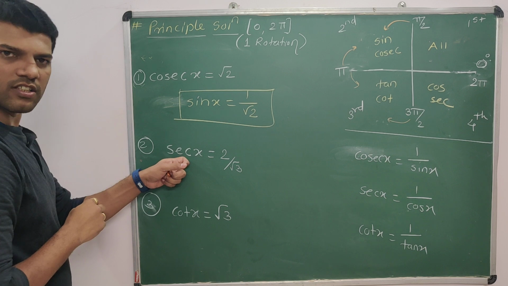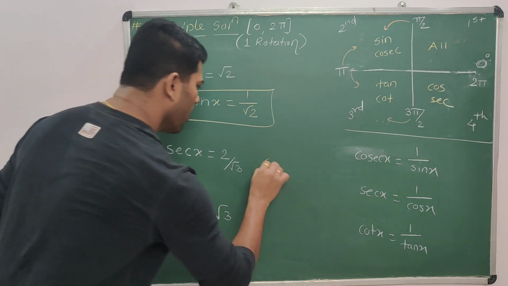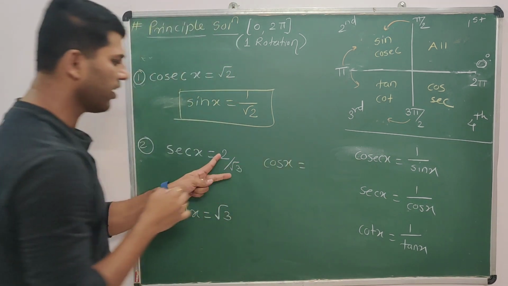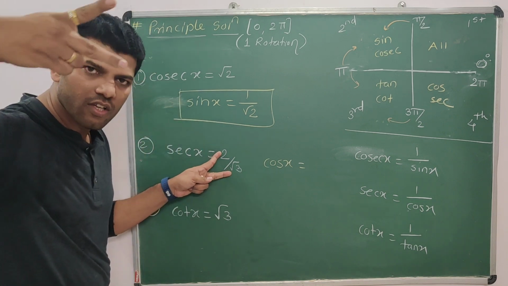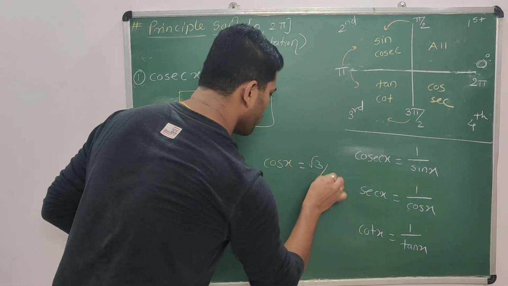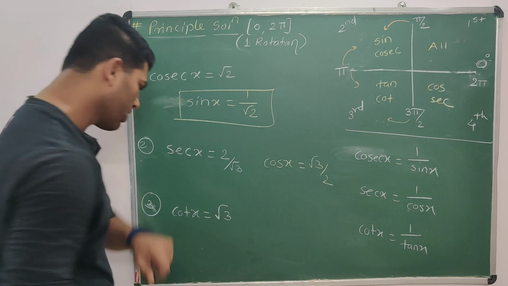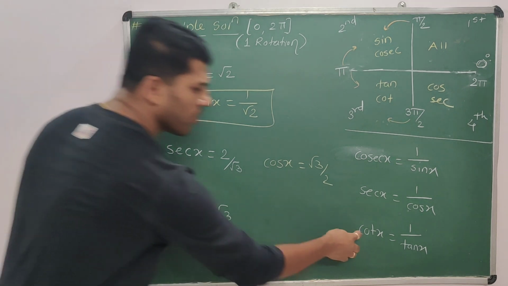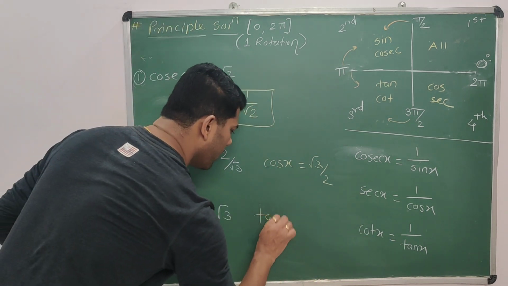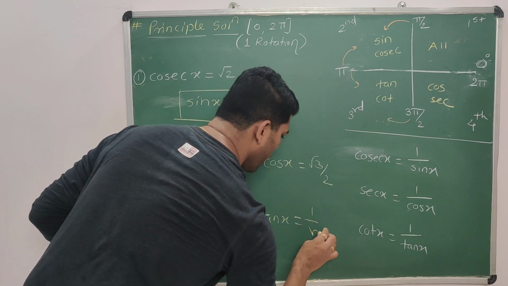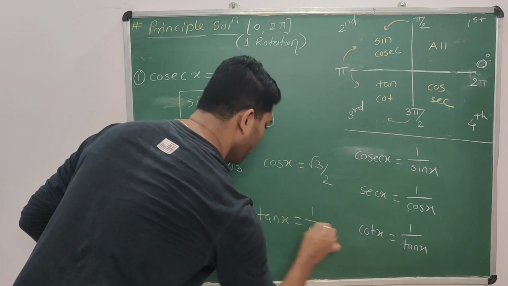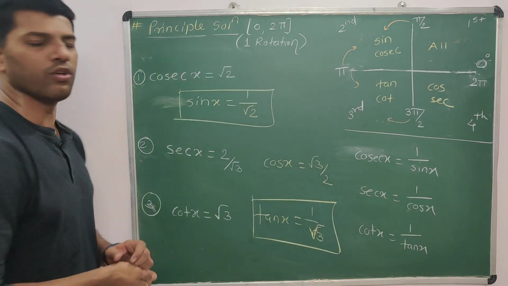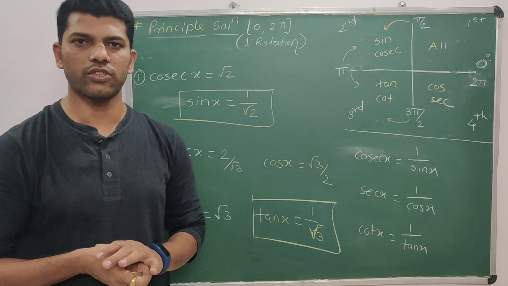Right? If you face sec in a principal solution, convert that into cos by taking the reciprocal of this value. Just take the reciprocal, don't solve sec, solve cos. While in the case of cot, convert cot into tan by taking the reciprocal of that value, and simply you can follow the procedure I told you to find principal solutions.